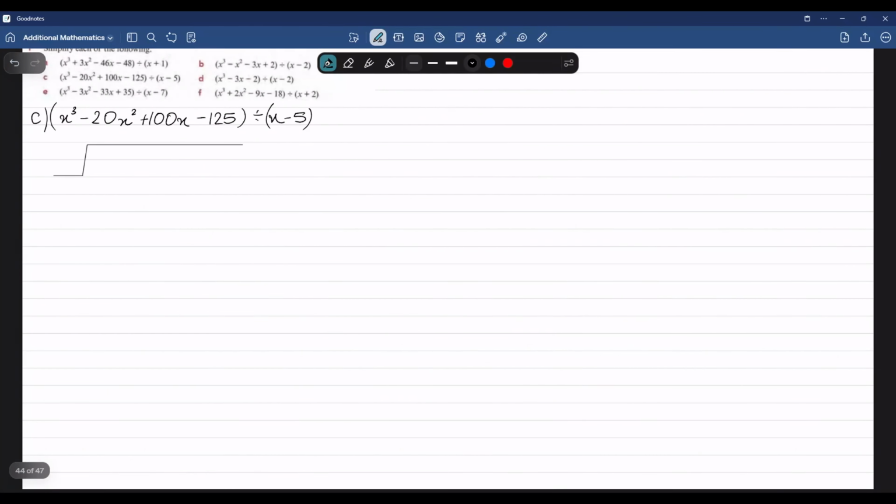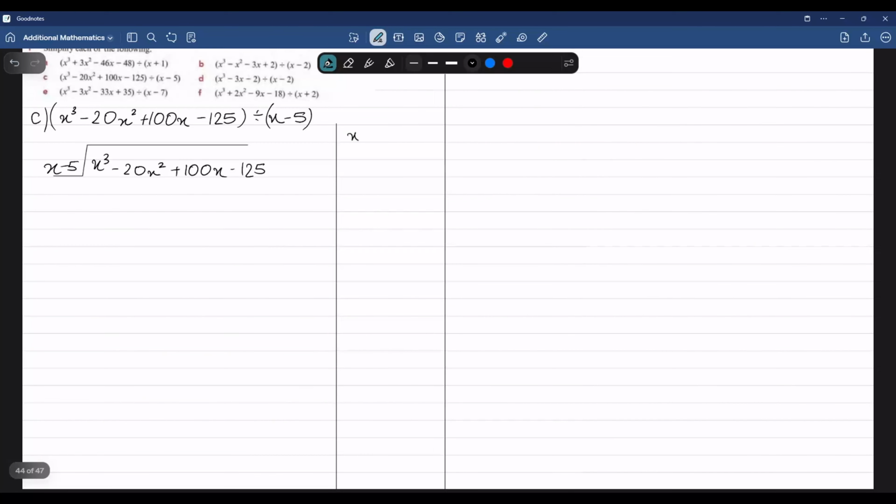So basically, we have x cubed minus 20x squared plus 100x minus 125, and x minus 5 here. Again, we're going to do the same process here, division, and the same process is going to give us the answer for this one.